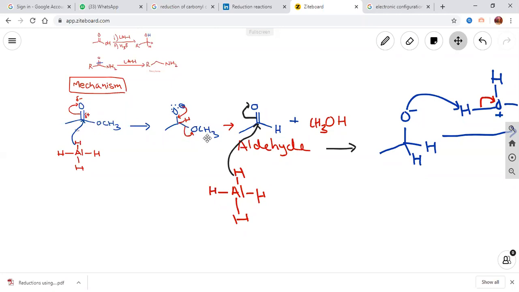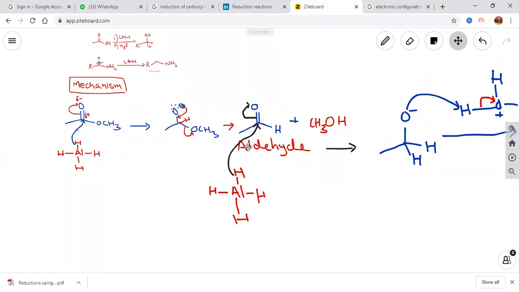This OCH3 group is a very good leaving group, so it leaves the substrate. When it leaves, the carbon becomes a carbocation, and this can come back for the double bond formation. So we get an aldehyde.